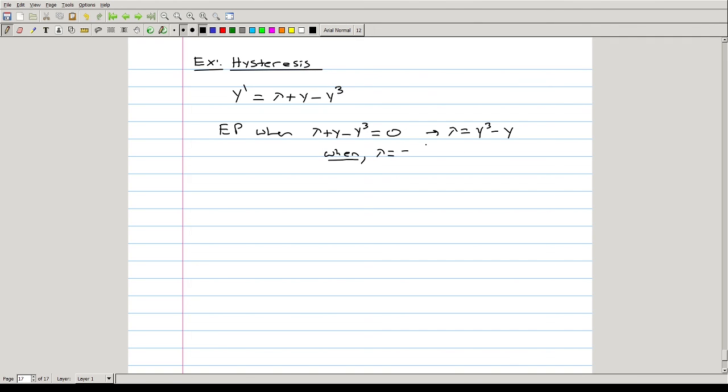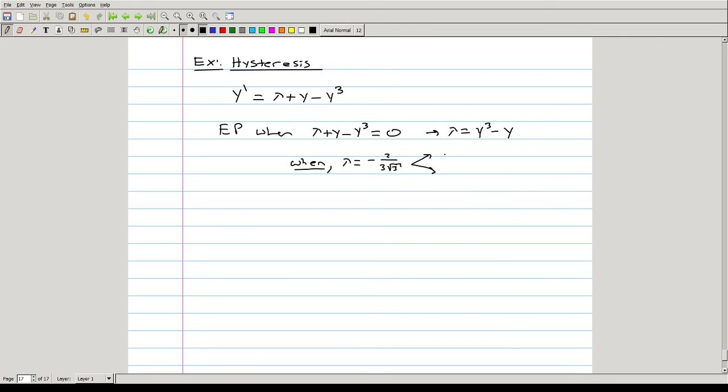So we'll just look at when lambda equals negative 2 over 3 square root of 3. We have two special solutions, and this can be directly verified.